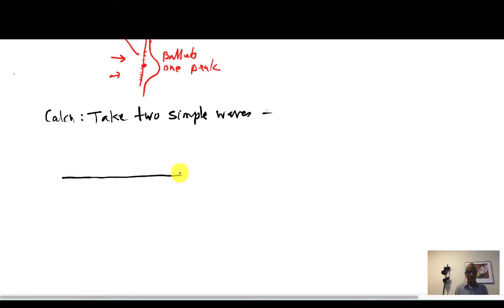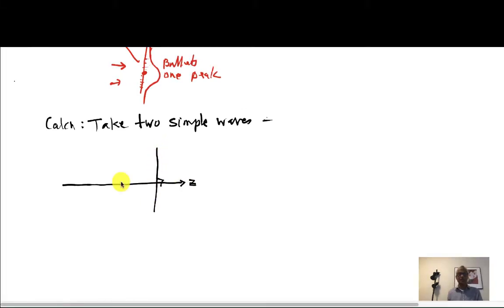Say this is some kind of z-axis, and maybe we'll put a screen straight. So we're looking at two simple waves we want to study and bring together, and see if I see a pattern.